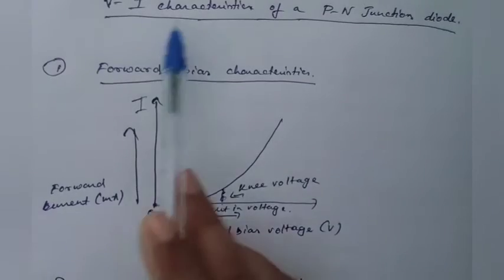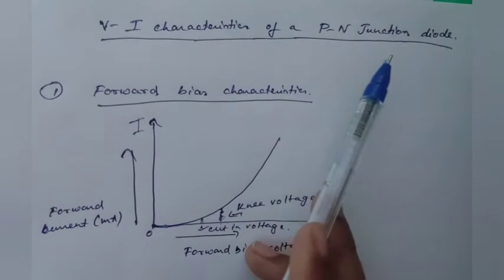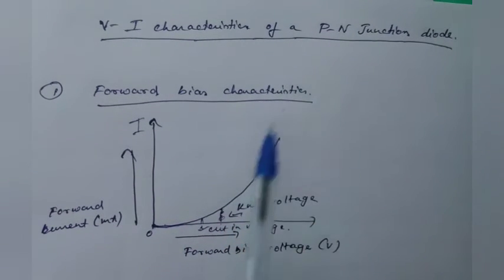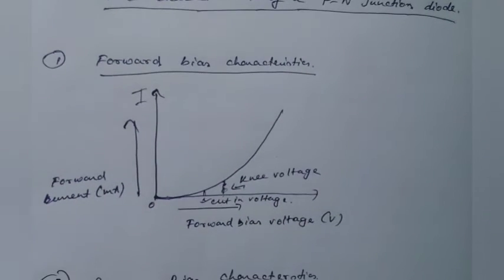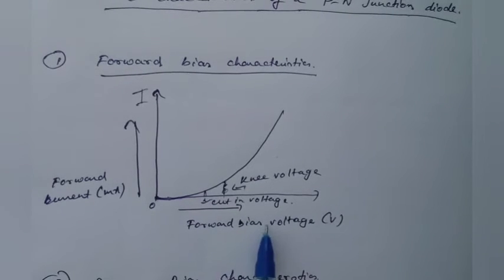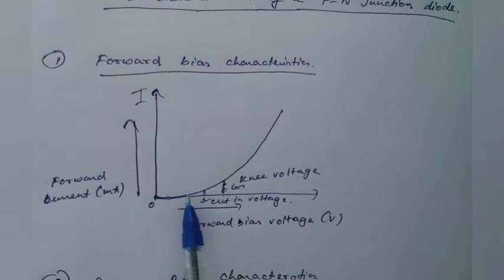Now we'll see the VI characteristics of a PN junction diode. In the case of forward bias, if we plot a graph between V and I, with V on the x-axis and I on the y-axis, we see that initially the current increases very slowly till the voltage attains a certain value, that is called the cut-in voltage or knee voltage.